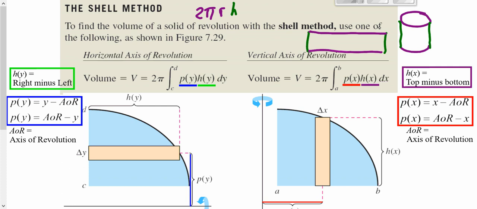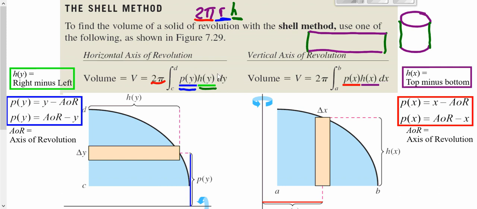So it's length times height, is really all we're dealing with. And so that's what we have down here. We have our 2 pi in front from this here. We have our radius, and then we have our height. Our radius down here is what's in the blue, and our height right here is what's in the green. Can't tell my colors, wow.